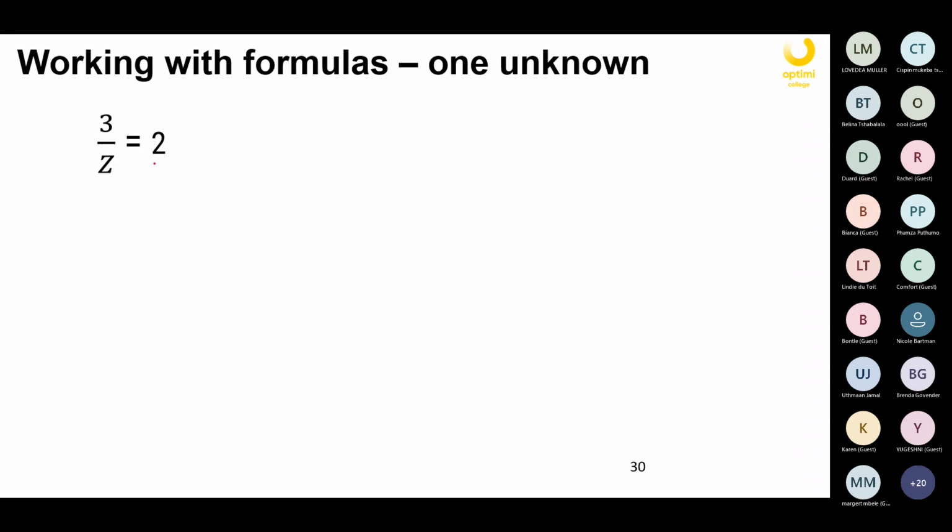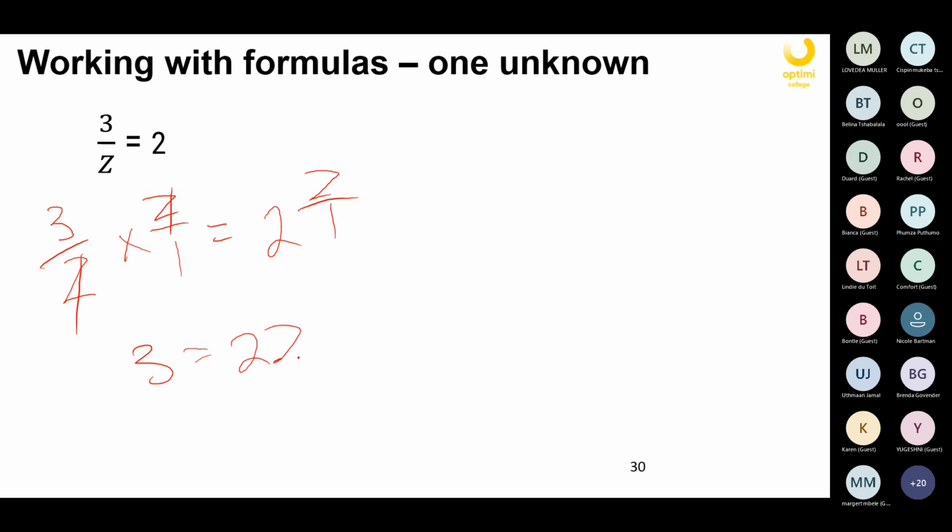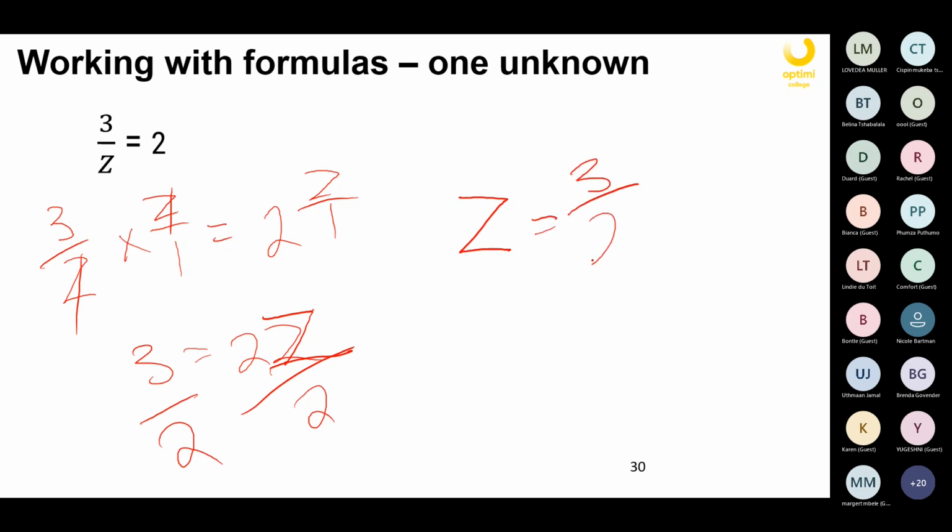I've got 3 over z equals 2. I don't want 3 over z. So let's say 3 over z multiplied by z equals 2 multiplied by z. That z cancels out. Now we have 3 equals 2z. That's a z, not a 2. And then we divide by 2. So z is 3 over 2.